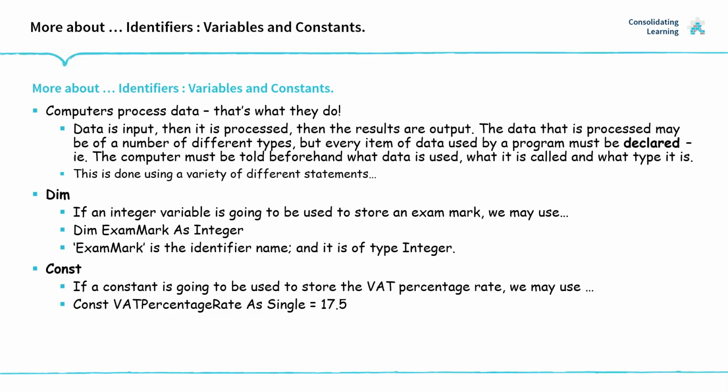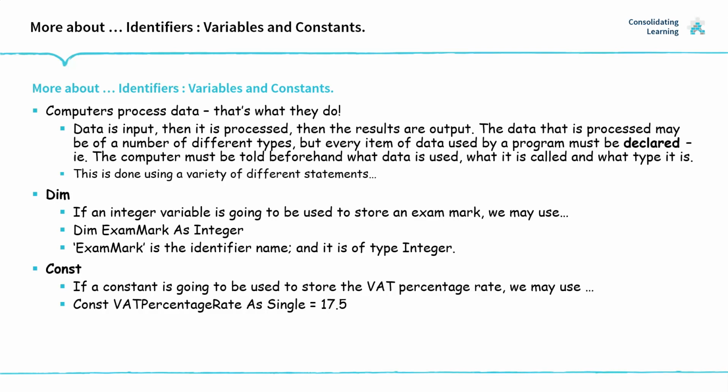So this is done using a variety of different statements. There are two in Visual Basic: one is a Dim, one is a Const. A Dim is a variable, and a variable is something that can store data. That data will change all the time. For example, if an integer variable, which is a whole number, is going to be used to store an exam mark, we may use Dim, which means I'm declaring ExamMark, that's the name of the variable, As Integer, the type of data.